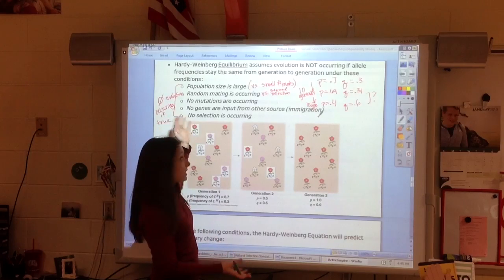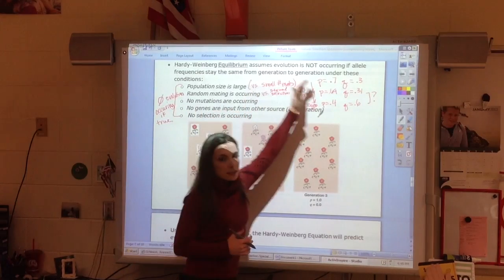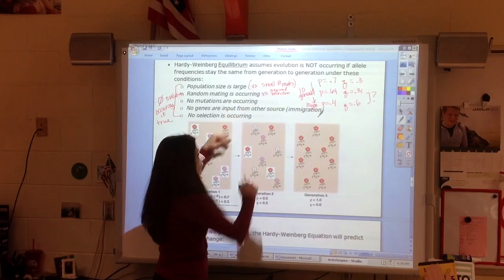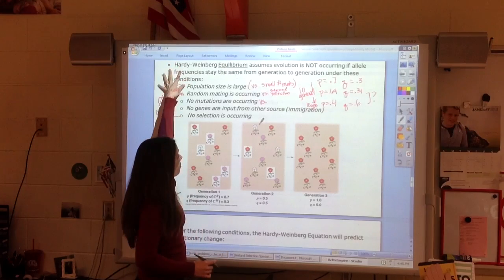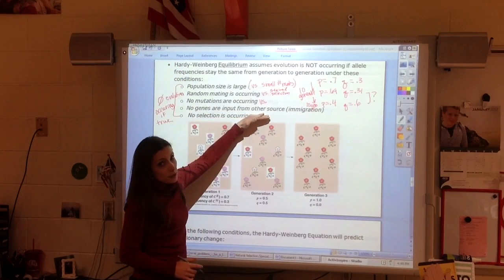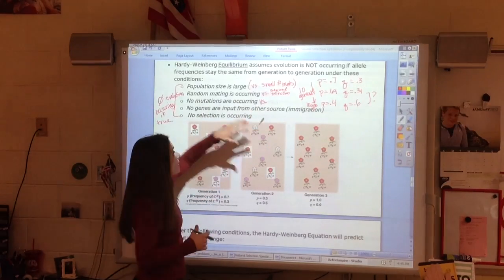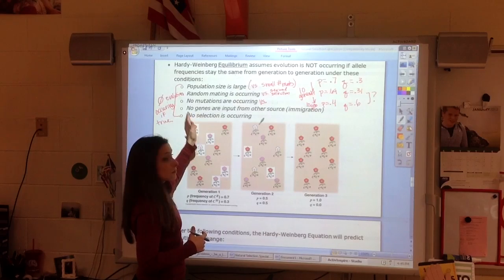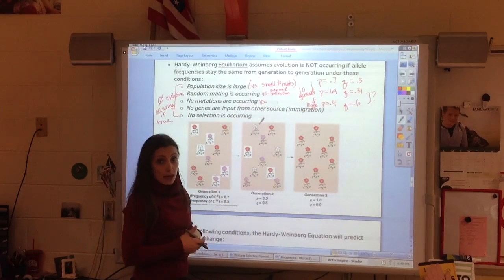Under normal circumstances, we don't have mutations. So if we're seeing some pretty drastic changes, there might be a mutagenic agent. Under normal circumstances, no genes are input from other sources, versus immigration. Under normal circumstances, no selection is occurring, versus if we have changes, selection might be occurring.